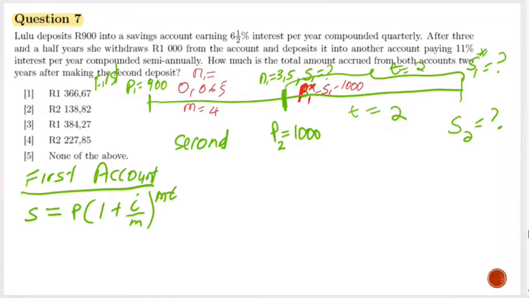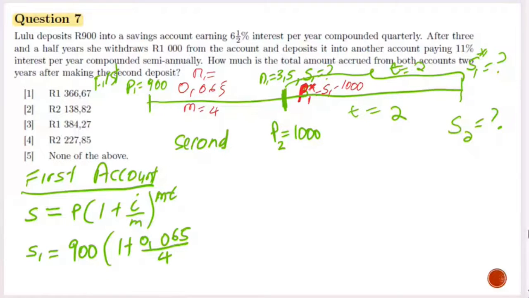I'm going to say my S1 is equal to, what is your P1? Your P1 is 900 into 1 plus, what is my I? My I is 0.065, and this thing is compounding. My M is for the compounding periods. It is compounding quarterly, okay?